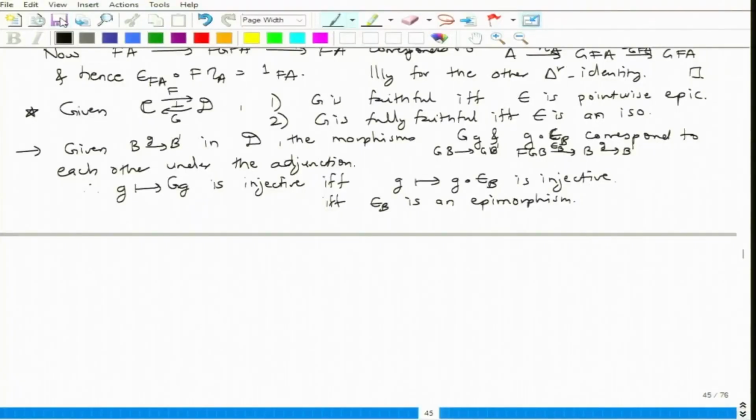Simple proof. So now let's prove the second one. Okay, let me label it second part. So G is fully faithful if and only if G mapping to GG is a bijection.